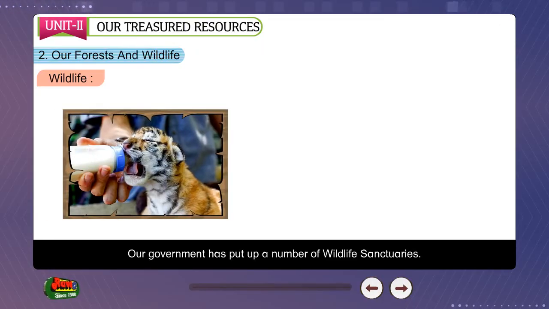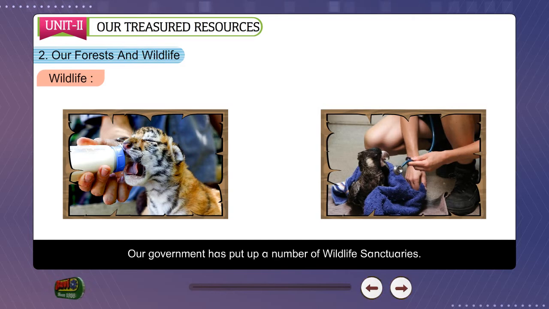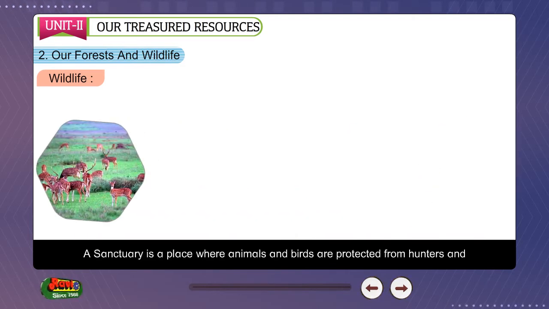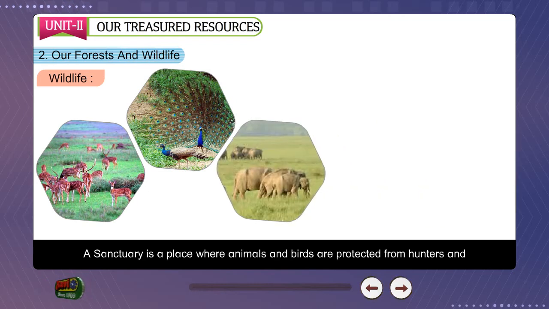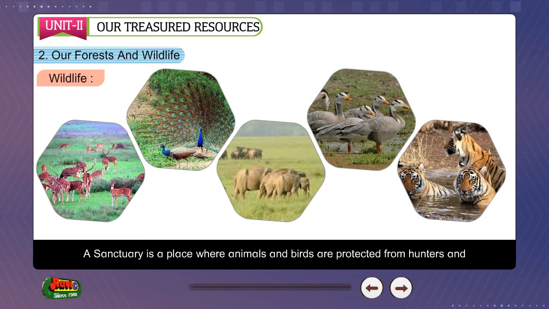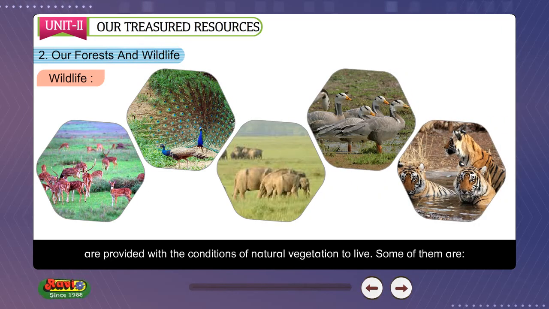Our government has set up a number of wildlife sanctuaries. A sanctuary is a place where animals and birds are protected from hunters and are provided with the conditions of natural vegetation to live.